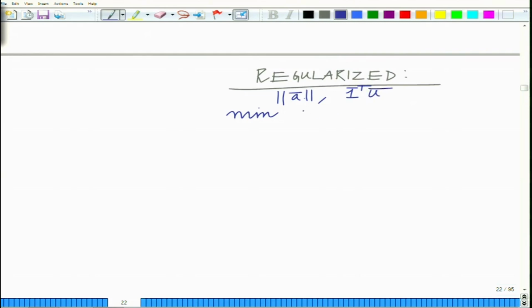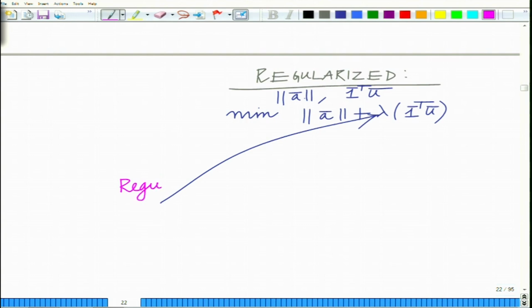You can consider a combination of them: norm a bar plus lambda times 1 bar transpose u. You are aware of this lambda; similar to many optimization problems, this is the regularization parameter.